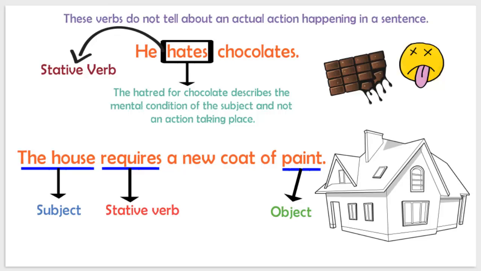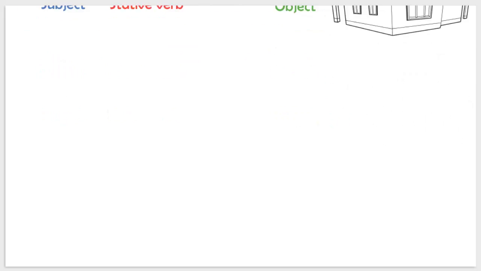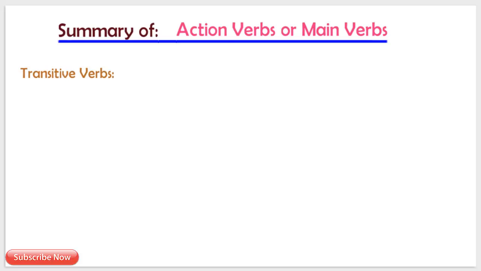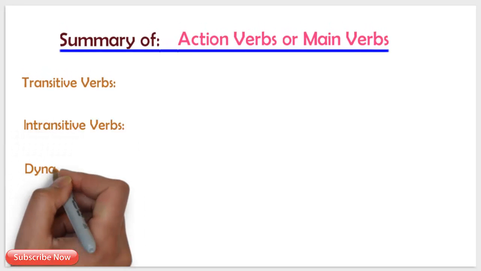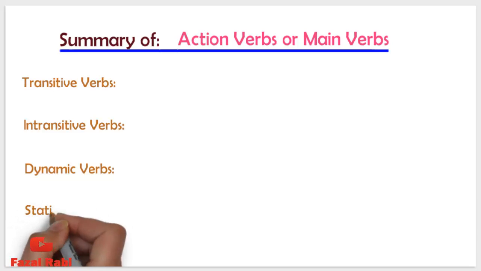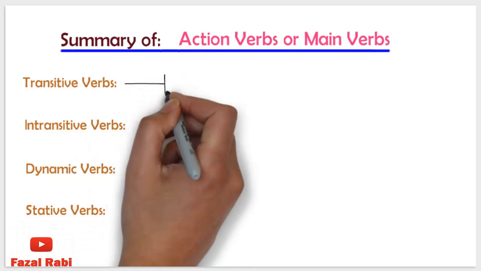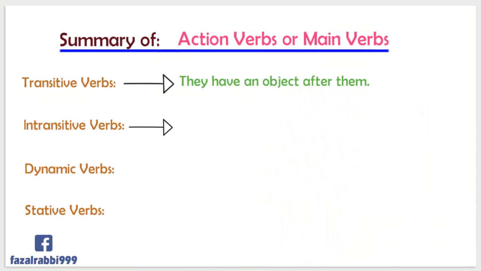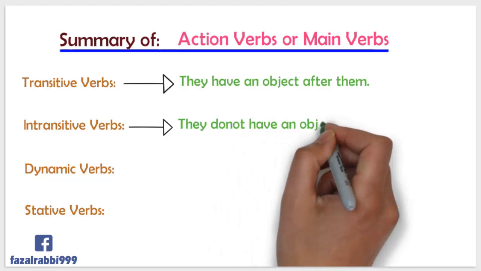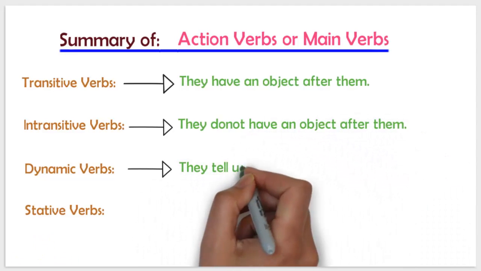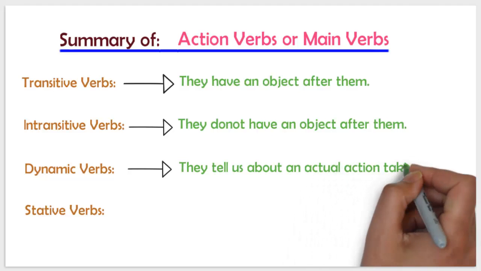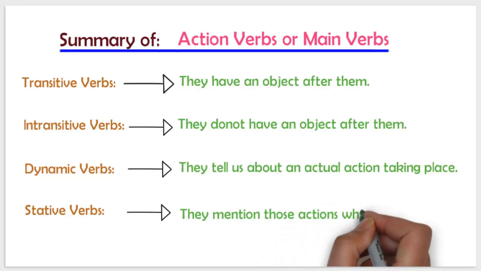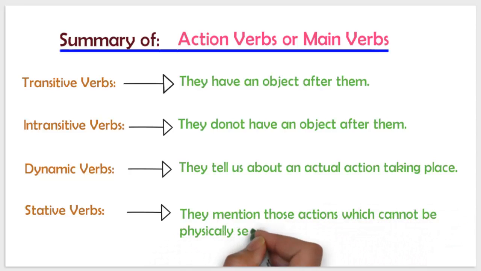So, we learn that action verbs or main verbs are divided into four categories: transitive verbs, intransitive verbs, dynamic verbs, and stative verbs. Transitive verbs have an object after them. Intransitive verbs do not have an object after them. Dynamic verbs tell us about an actual action taking place. And stative verbs mention those actions which cannot be physically seen.